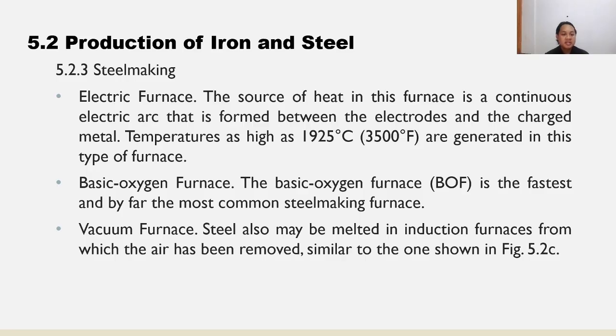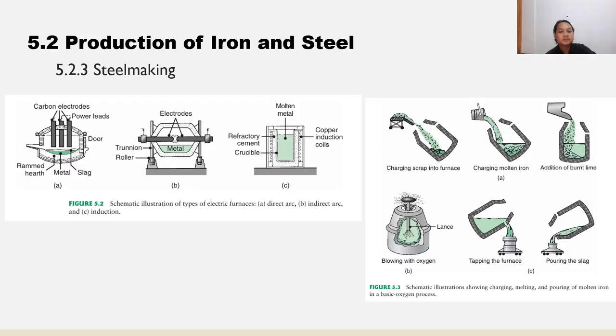Basic oxygen furnace is the fastest and by far the most common steel-making furnace. And in a vacuum furnace, the steel may also be melted in an induction furnace from which the air has been removed, similar to the one shown in figure 5.2c.